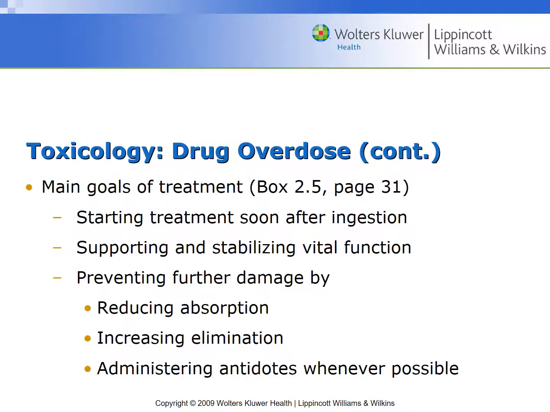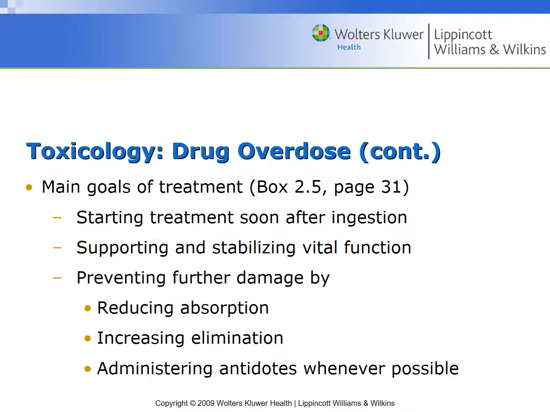So our main goal for toxicology or drug overdose, if you look at your book on page 31, box 2.5, is to look at those. But I want to introduce you to this saying, your ABCs, okay? A is for airway, B is for breathing, C is for circulation.